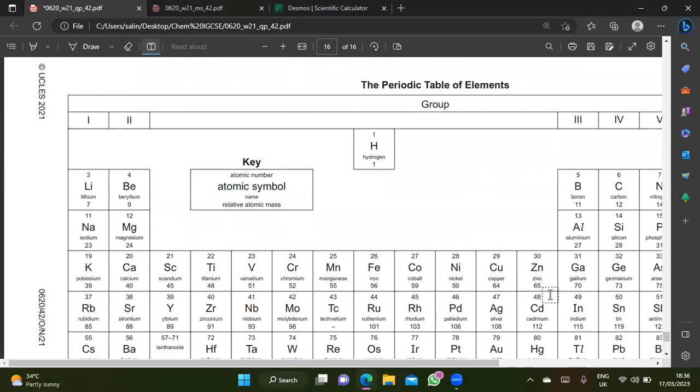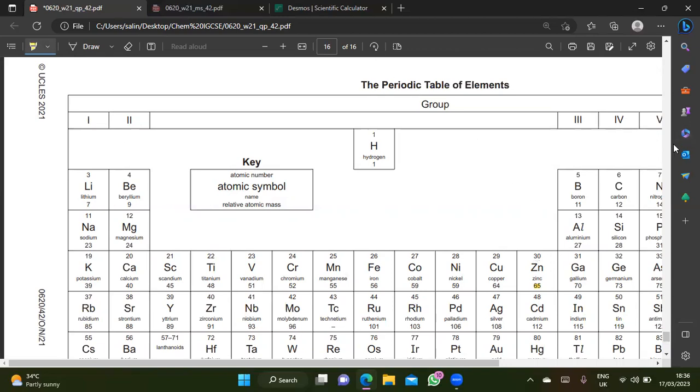Which one? Okay, look. In the periodic table, the bigger number is your mass. Very easy. For example, you got 3 is the atomic number, 7 is the mass number. So what we want here for zinc is actually 65, not 30. 30 is the atomic number. Remember that. So you got 65 here.